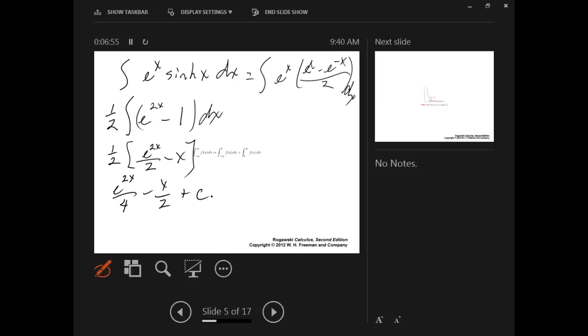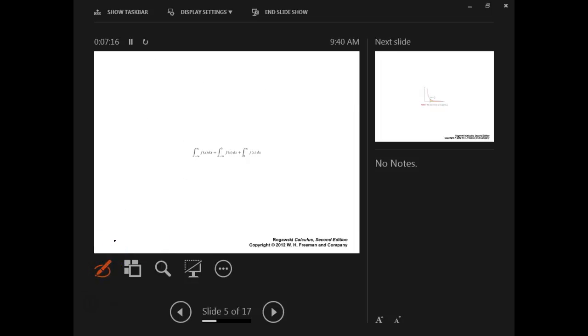Now, if nothing works there, then look for a potential substitution. Okay? And you know how to substitute. And they do a couple of examples here, so I'm going to erase this. Okay?